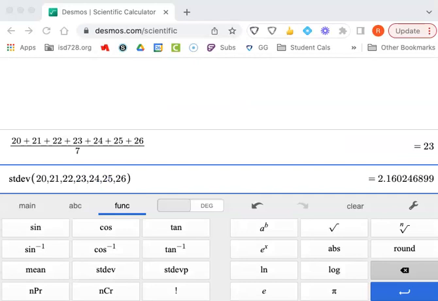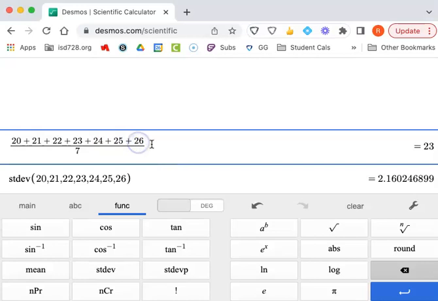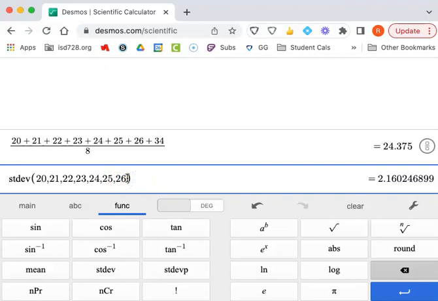If I put a 34 at the end of this list, I just have to make sure I remember to change this to an 8, because now there's 8 numbers. And same thing down here, I need to first put a 34 at the end of that. So those are going to be those 2 numbers there.